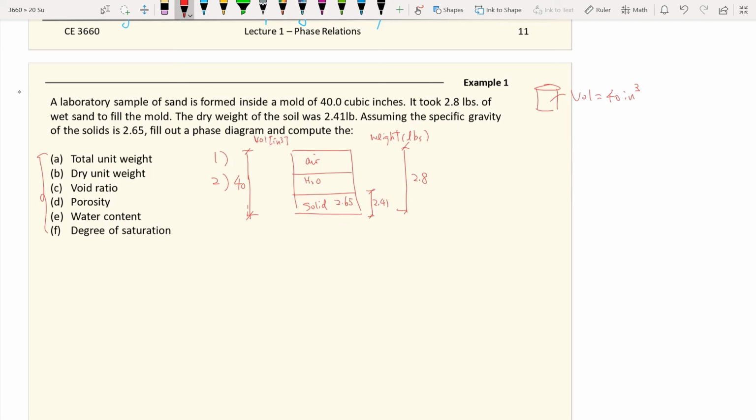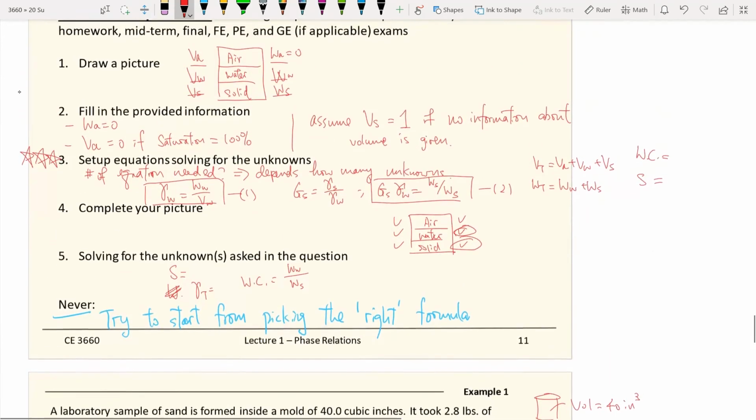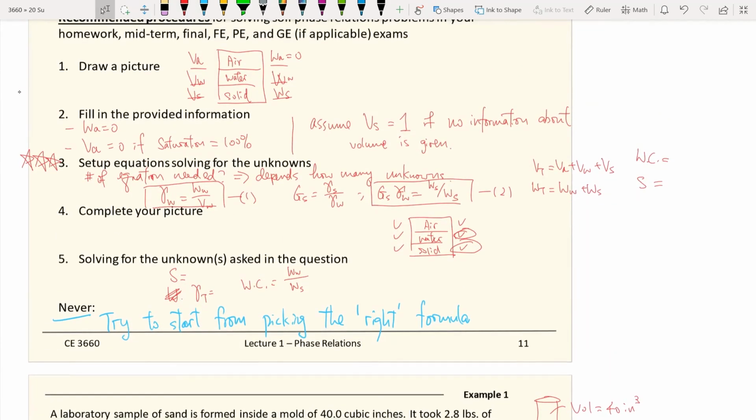And with that, we finish the second step. Meanwhile, we know the weight of the air is 0. On the second step, the other things we can think about are the saturation, and also whether you can assume the volume of solid equals 1.